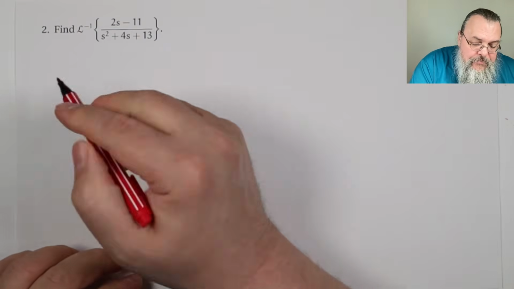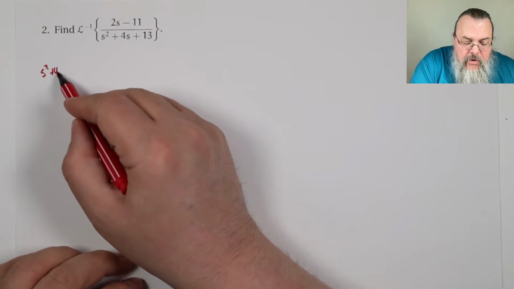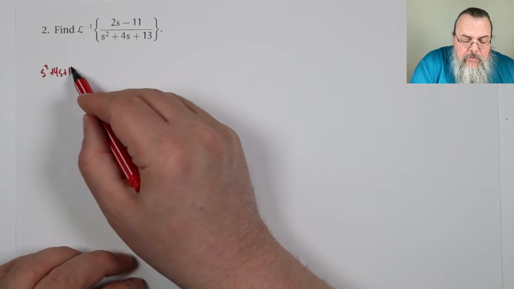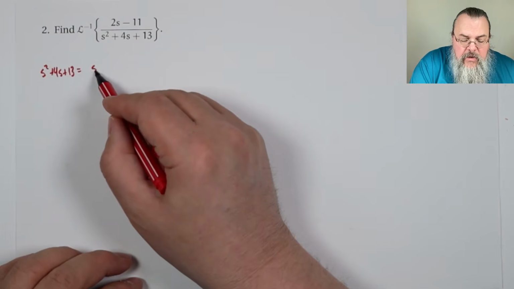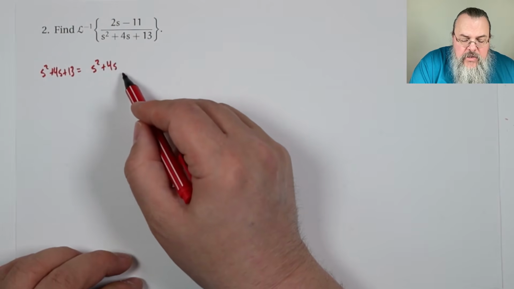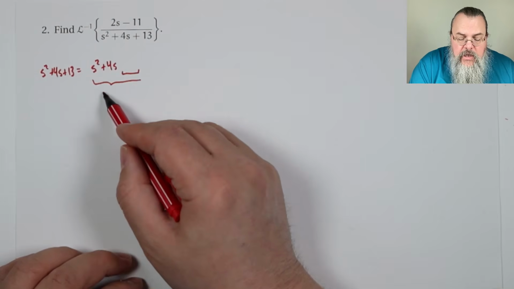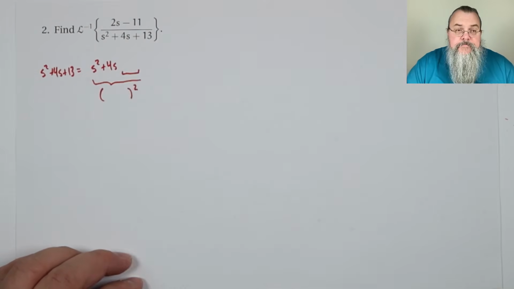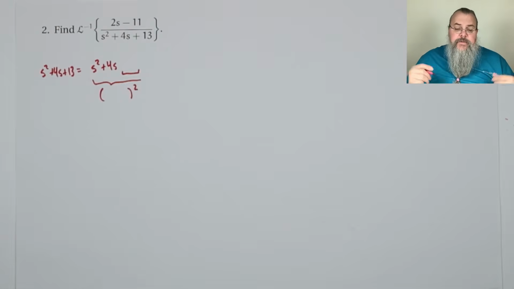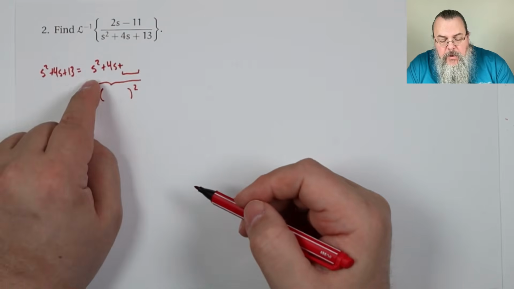So let's try that. We take this s squared plus 4s plus 13, and start with s squared plus 4s. Now the question is, what should I add here so that this whole thing becomes something squared? That's the idea of completing the square. Since we have a 1 in front, that's good news.